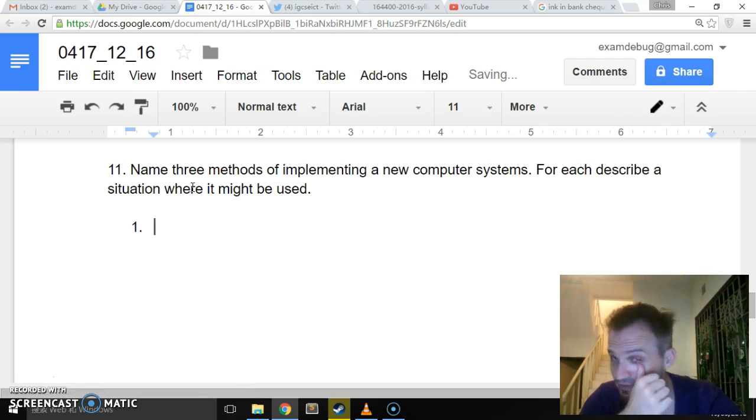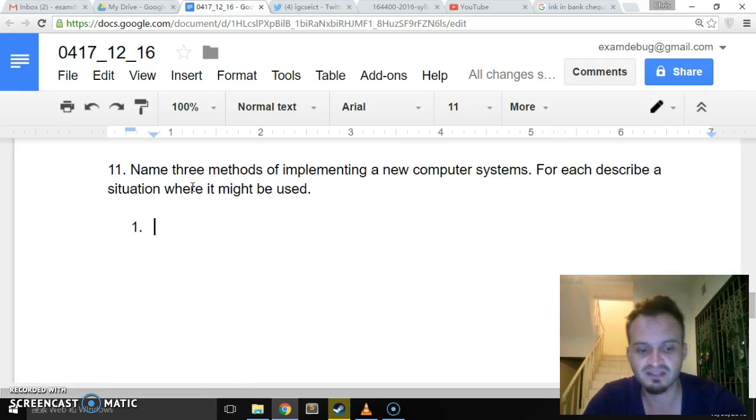Okay, so let's start by just naming. We've got the 4 possible options for systems analysis changeovers or implementations. The common ones are, I imagine a few people did direct. Parallel is going to be another common one.